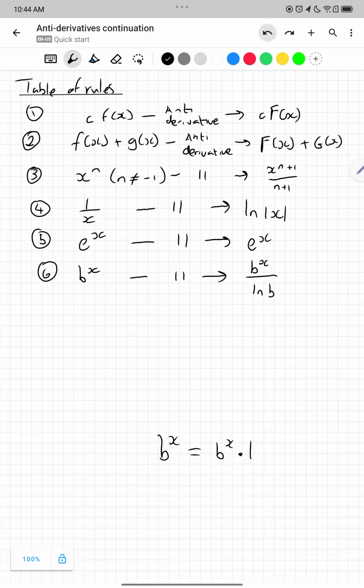So okay, let me just write it in proper notation.